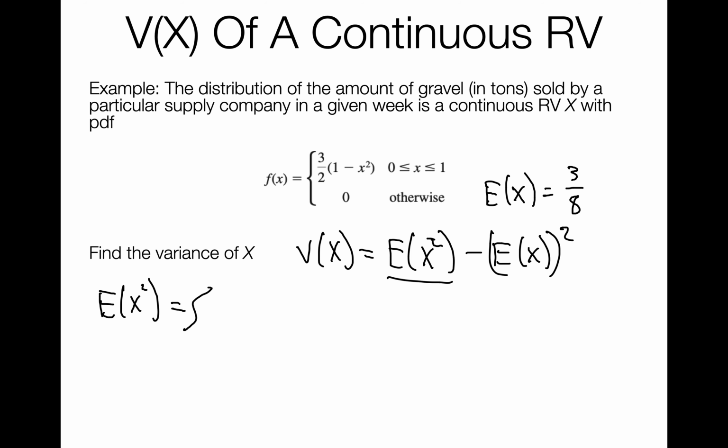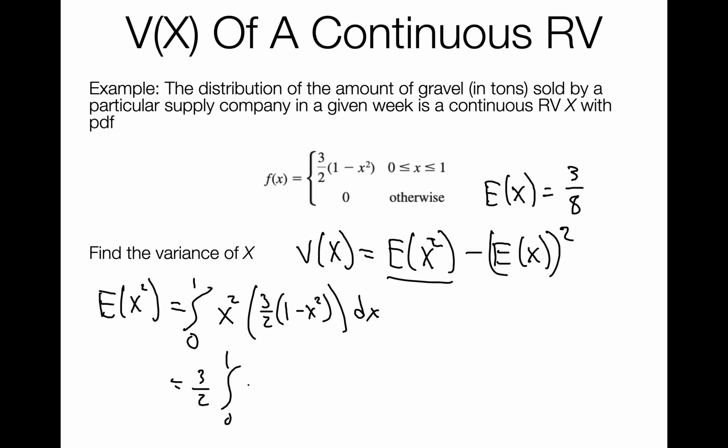To do that, it's going to be the integral of x squared over the whole support, which turns out to be 0 to 1, of f of x, which is 3 halves times 1 minus x squared, dx. The constant comes out front.